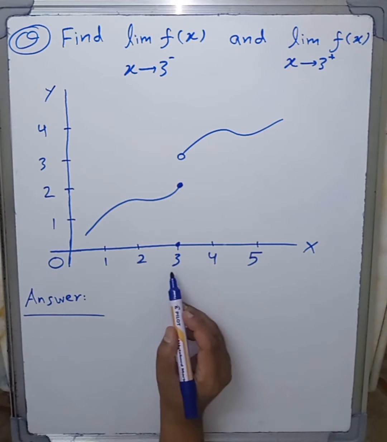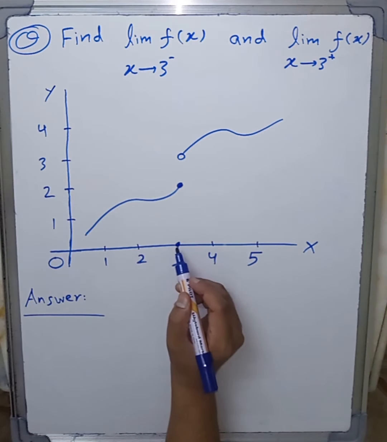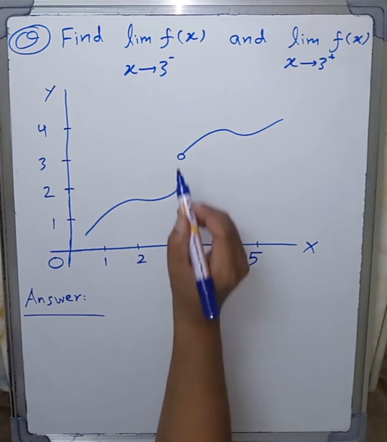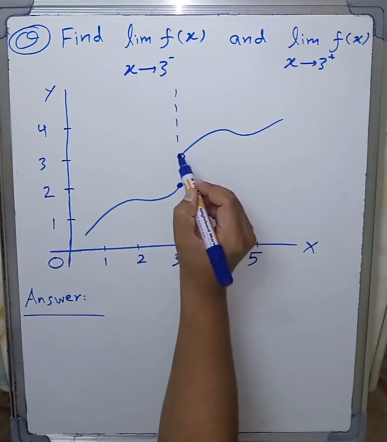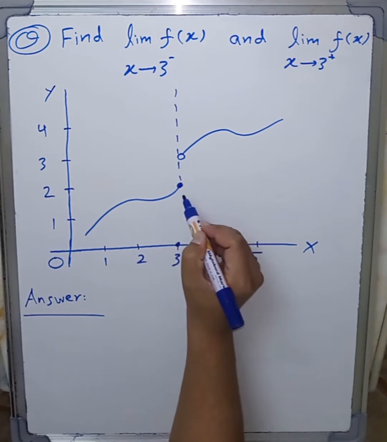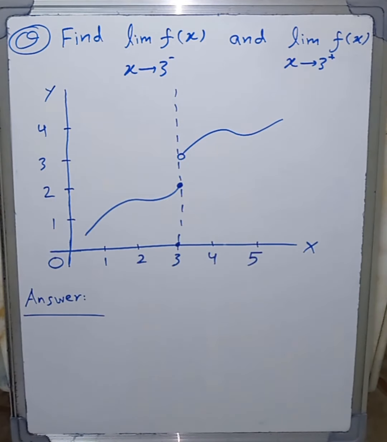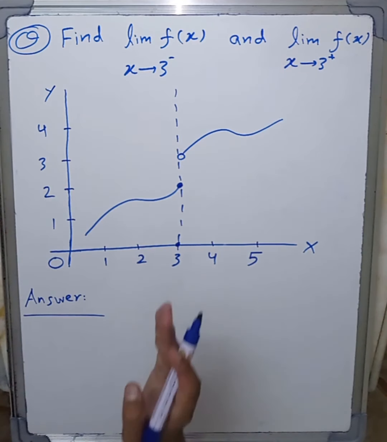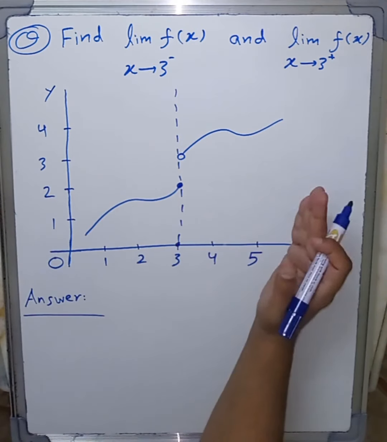Whatever point you are testing, in this case we are testing at 3, just draw a perforated line here. Like this, just rough. And now we will see what is happening at the left side and what is happening at the right side.